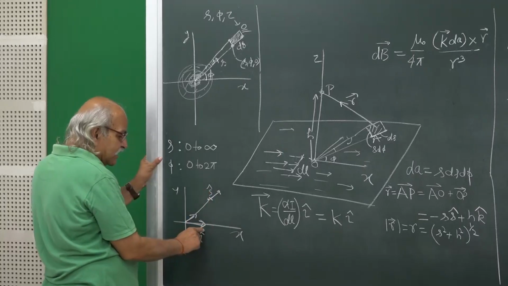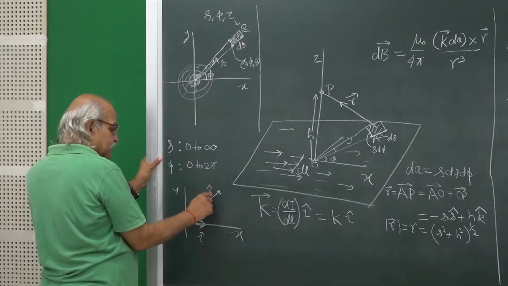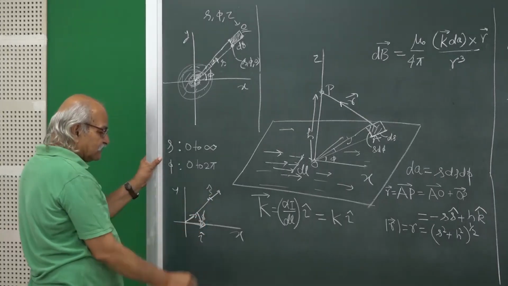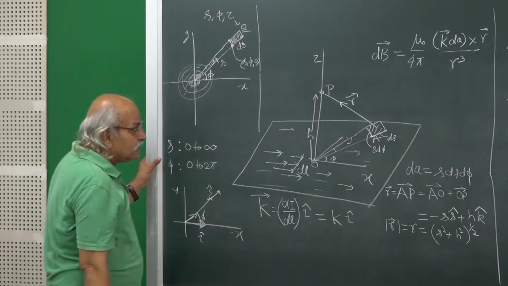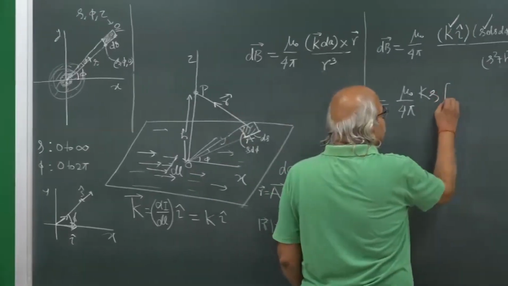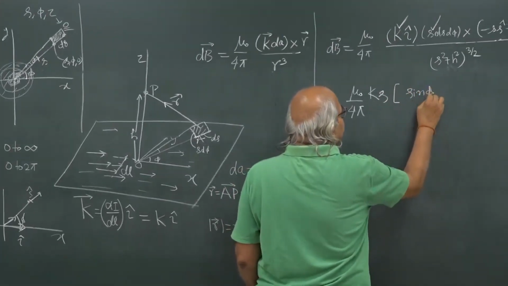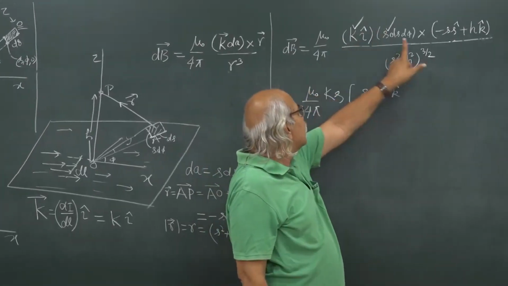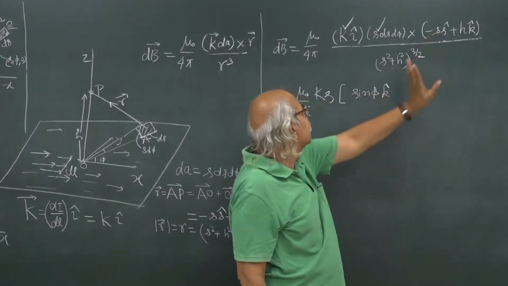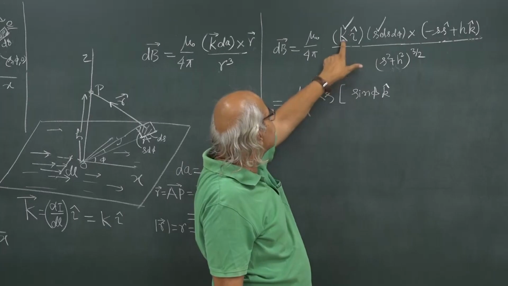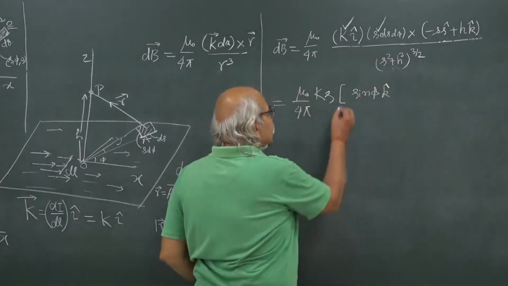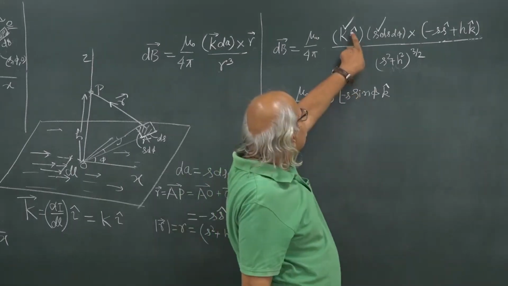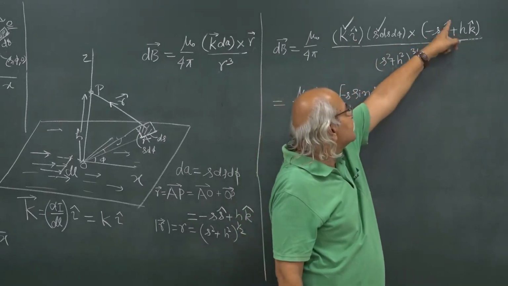It will be magnitude of I cap, which is 1, magnitude of s cap, which is 1, multiplied by sine of the angle between the two, which is phi. So the magnitude is sine phi, and the direction is k cap. What I am writing: this I cap and this s cap, this minus s is still there, this k and this s. So I have written I cap cross minus s cap.